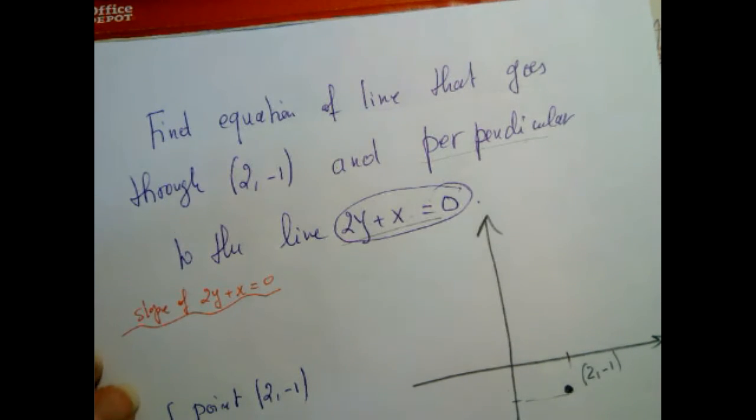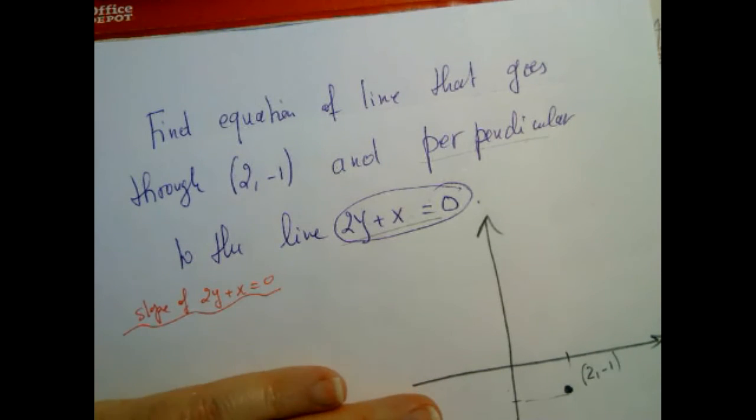How can I find the slope of this particular line? Don't you have to get y by itself?